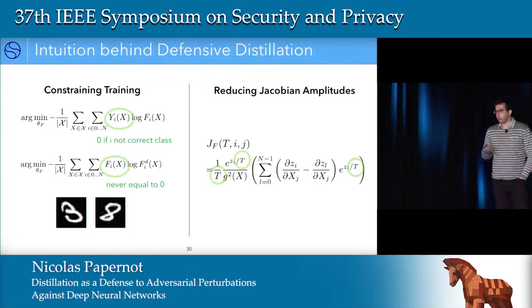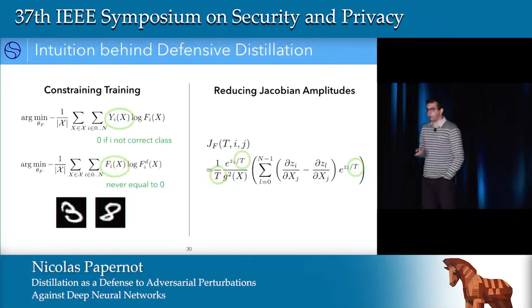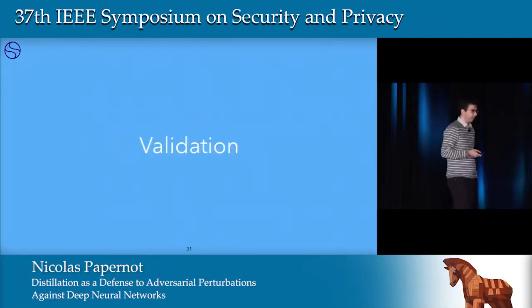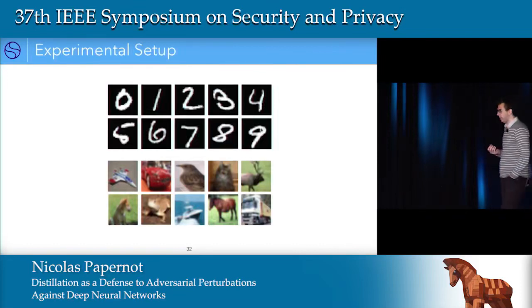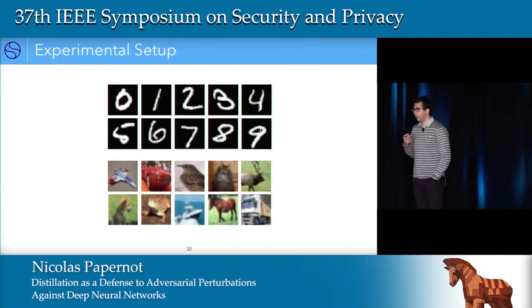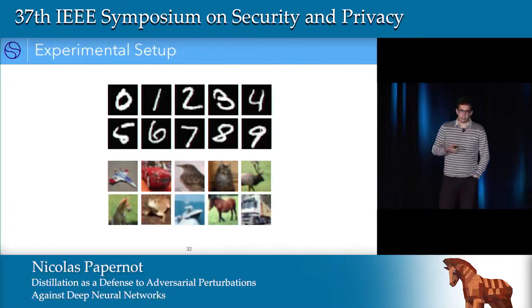And also, it turns out that the Jacobian amplitudes are inversely proportional to the temperature. So as you increase temperature, you reduce the Jacobian amplitudes. So we validated this defense on 2 data sets. The digits data set, which previous work has shown you can force to misclassify with a 97% success rate by only modifying 4% of the inputs.